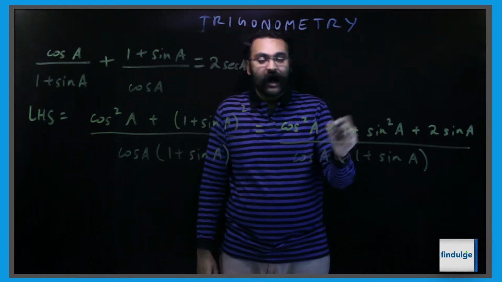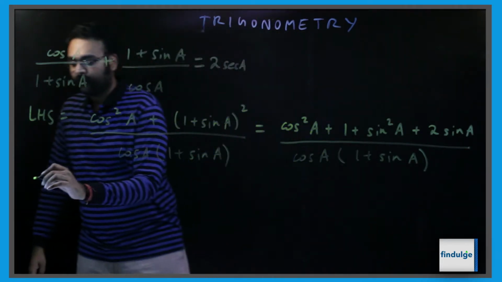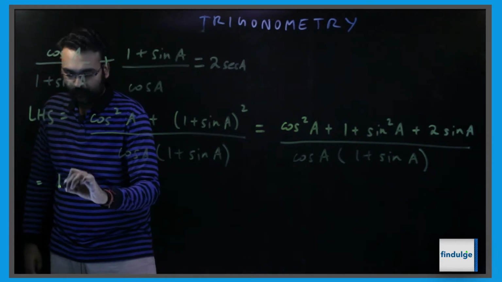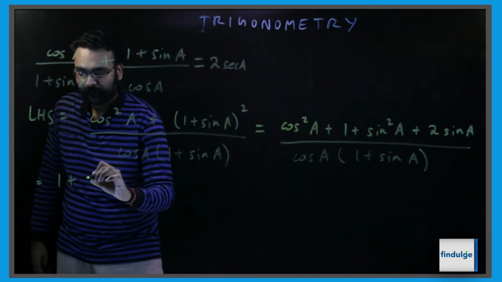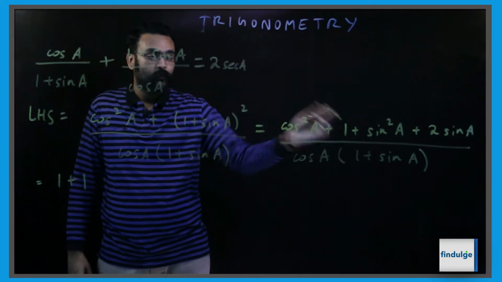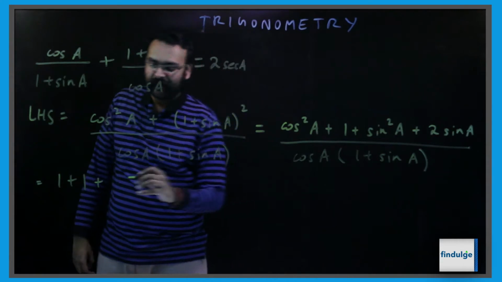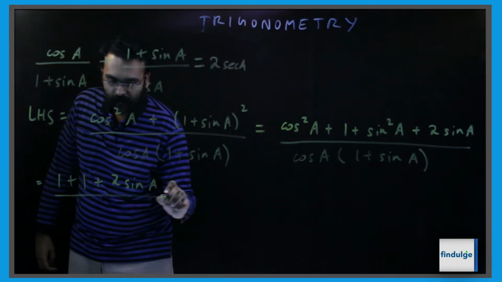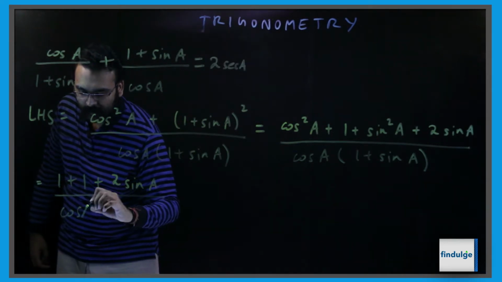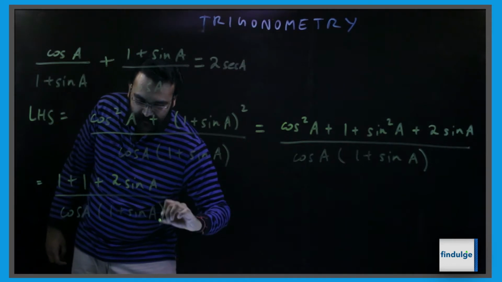And so, I will replace them with 1, which will turn into 1 for cos square A plus sin square A, plus 1, which was already here, plus 2 sin A upon cos A into 1 plus sin A.